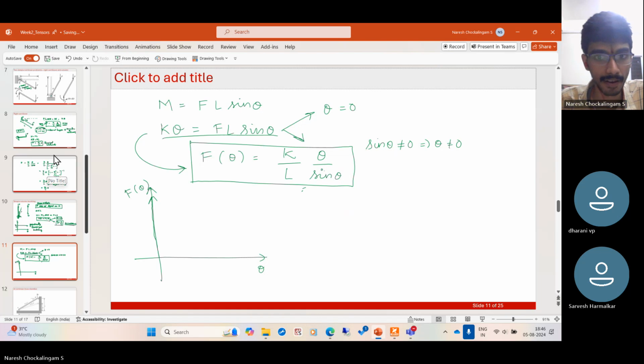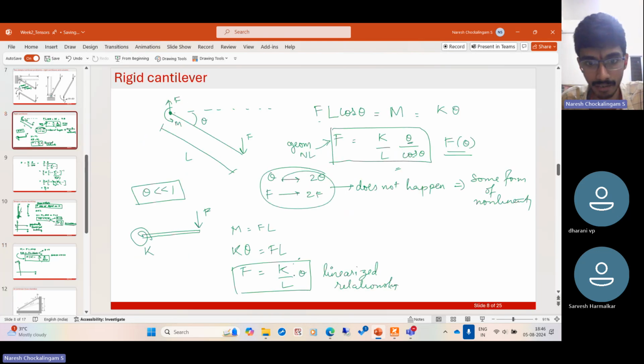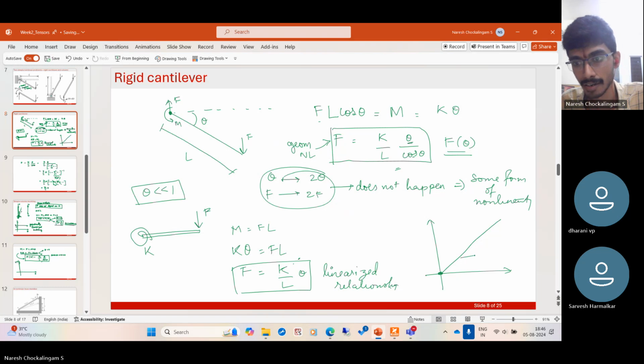Before we even plot anything, in this case, if you have f equal to k by L theta, f is proportional to theta. When theta is equal to 0, f is 0. And when theta is equal to something, f is equal to k by L theta. So you have a line with the slope k by L when you have the linearized case.